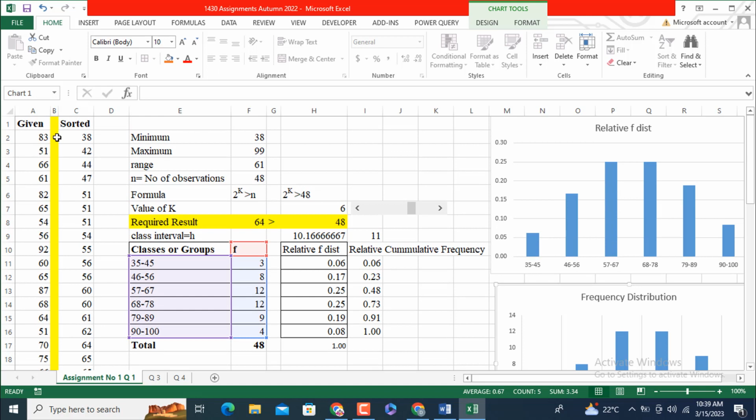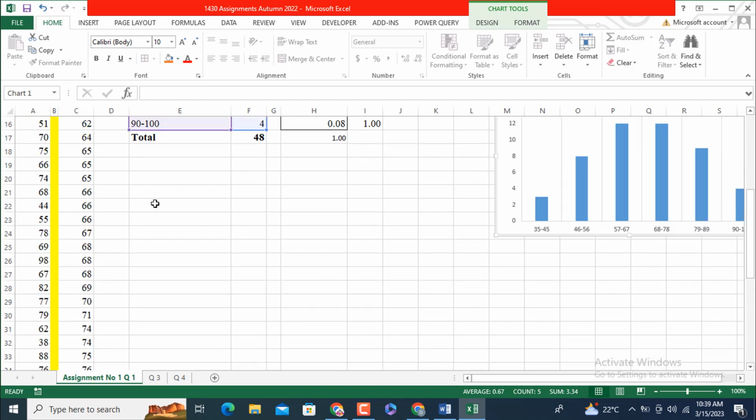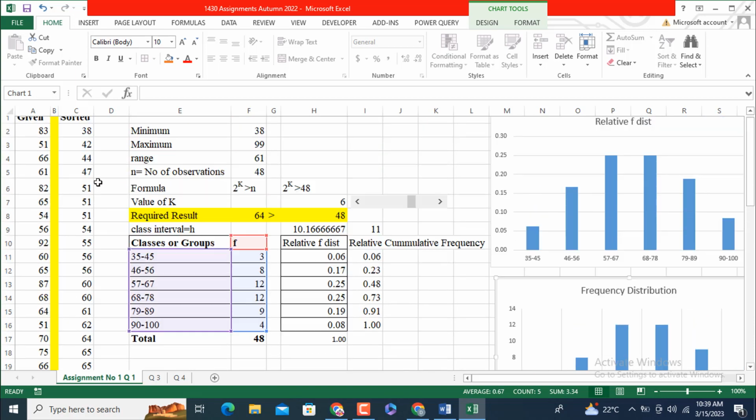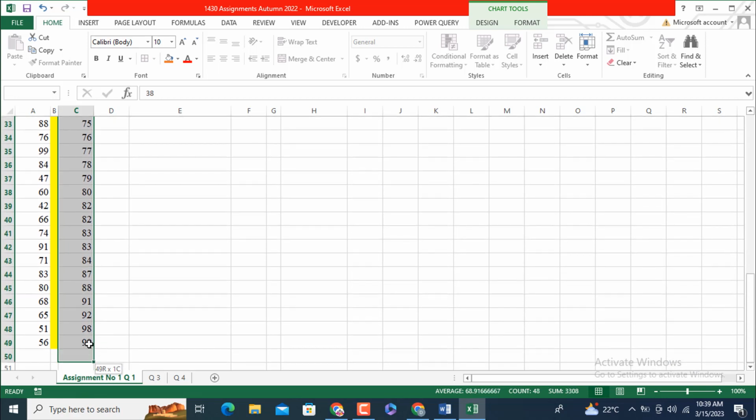So in the next column after column B, I have sorted it in ascending order. Look at this, and the number of observations is 48 as mentioned in the question statement. Let's recheck it with the help of count. Select this column C, and you will see that count is equal to 48.